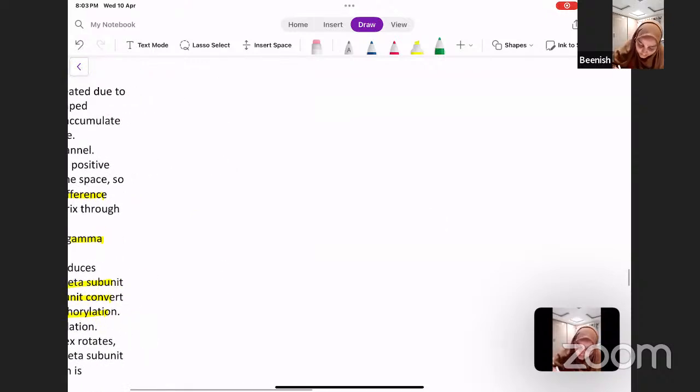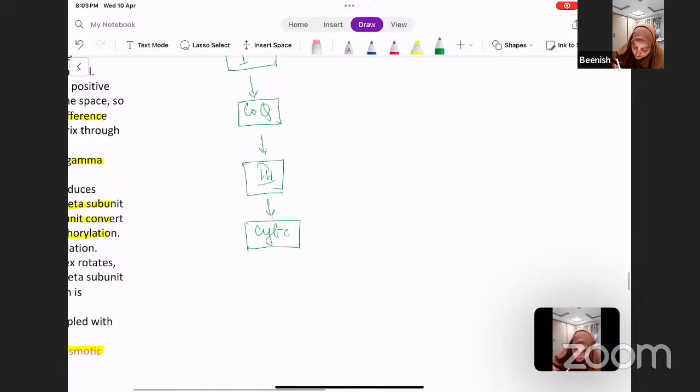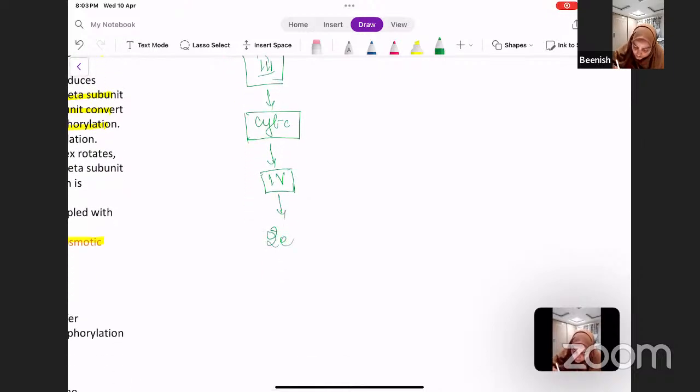This is what I'm trying to explain. This is your NADH. NADH gives its electrons to complex 1, and then they are taken up by coenzyme Q, and then it gives them to complex 3, and then to cytochrome C, and then to complex 4, and then complex 4 gives 2 electrons to your oxygen to form water.